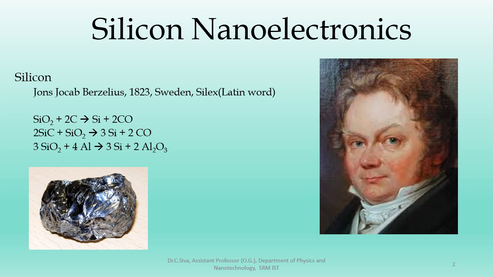In nanoelectronics, silicon continues to be used, no other element like the way we use silicon, due to mature processing, CMOS capability, and predictable electronic properties. And also, most importantly, the native oxide generated by silicon, which is silicon dioxide.